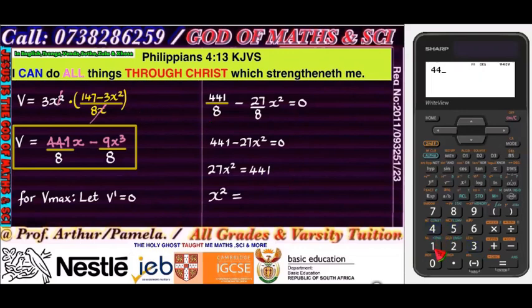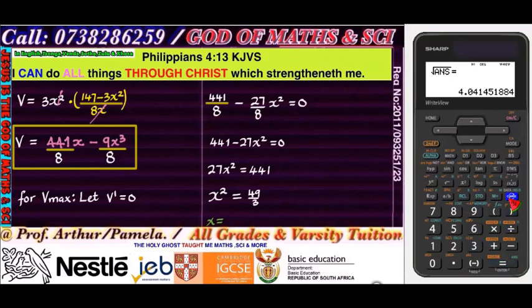So 441 divided by 27, I've got 49 over 3. Take a square root, then you can now write x equals the square root of that answer.